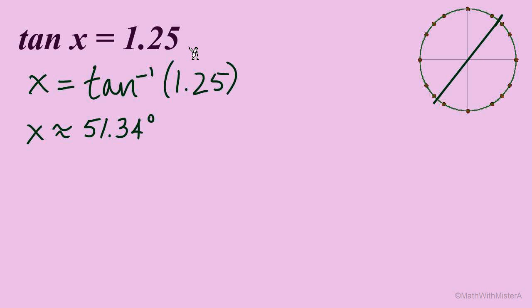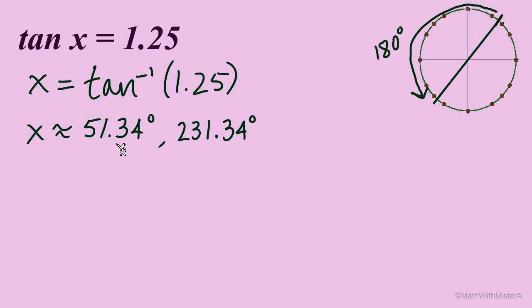With tangent, it's always easier to find this corresponding measure because it's always 180 degrees on the other side of the circle. So our first solution, 51.34 degrees, I'll add 180 to get the second solution, 231.34 degrees. If we're working in radians, punching in gets our answer 0.896 radians, again corresponding to the same location in quadrant 1.